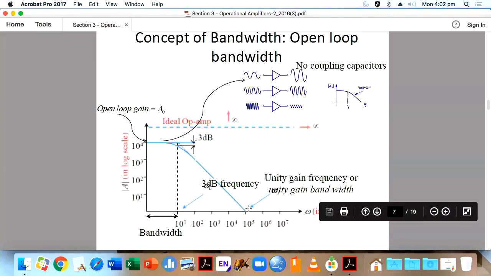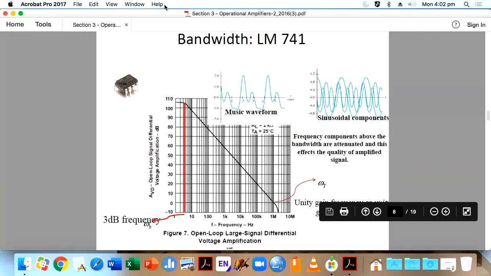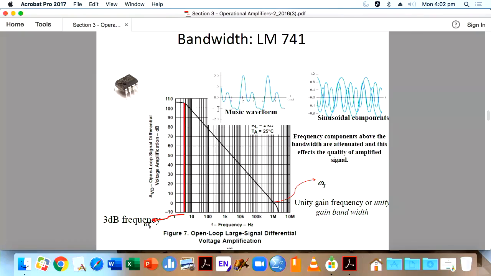Then you might wonder why we should worry about bandwidth. We definitely have to, because if you are designing an audio amplifier, the audio range is 20 hertz to 20 kilohertz.